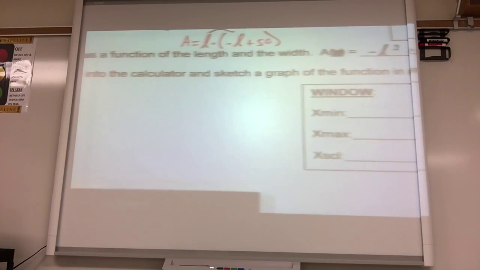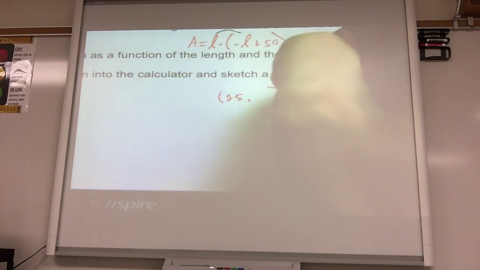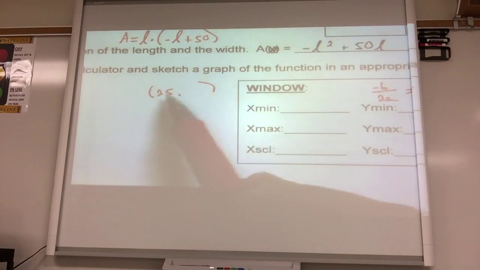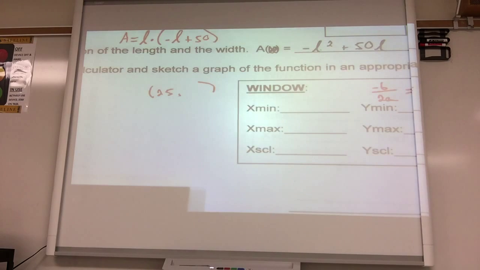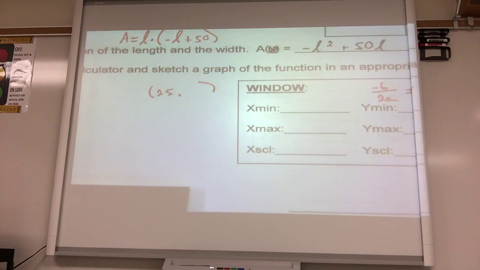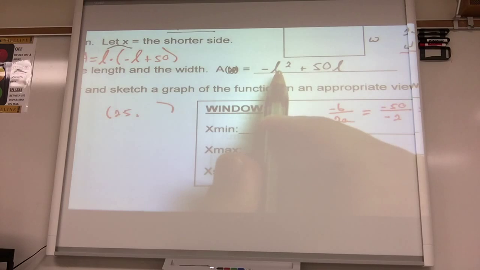Let's go over here real quick. My vertex is going to be at 25 comma something. If I want to find out what that something is, I would just take that 25 and plug it in right here. So 25 squared is 625.